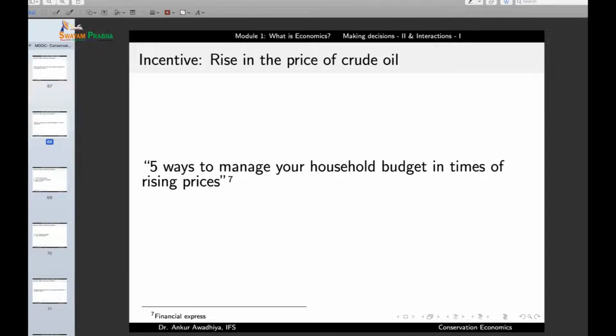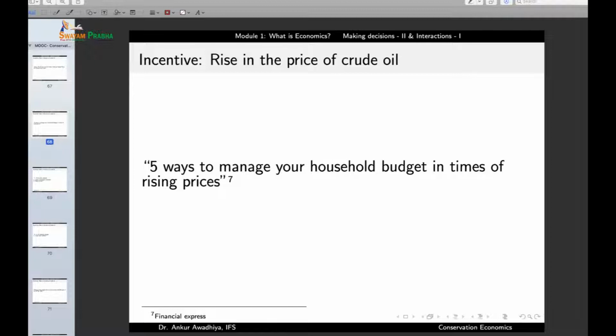Another thing that will come up is that people will start giving you a number of suggestions on how to manage your household budget in the times of rising prices. Because we saw here that because of increase in the price of the crude oil, the cost of shampoo, biscuits, and soaps and other things is also going up.